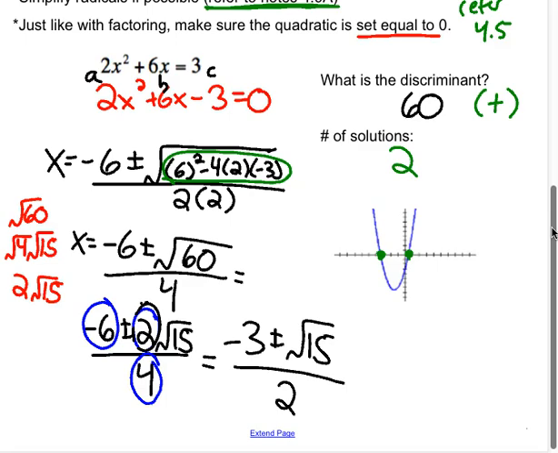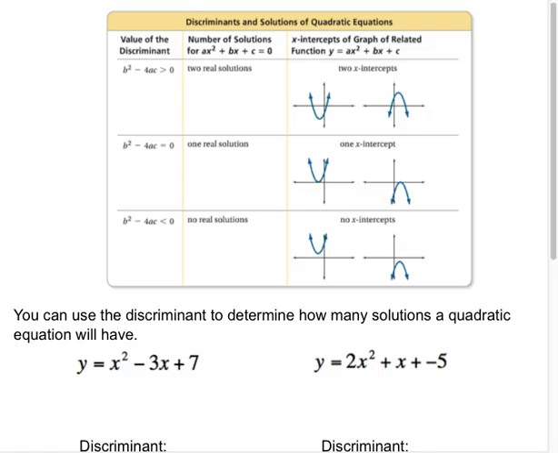So let's take a look. Let's further investigate this idea of the discriminant, because the discriminant is actually a very powerful tool. It lets you figure out how many solutions your quadratic is going to have. And again, that is a very powerful tool to have in your repertoire. So when your discriminant is greater than 0, so when it's positive, you're getting 2 solutions each time.